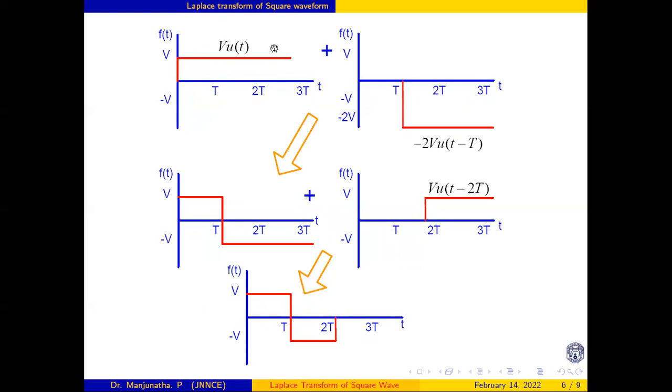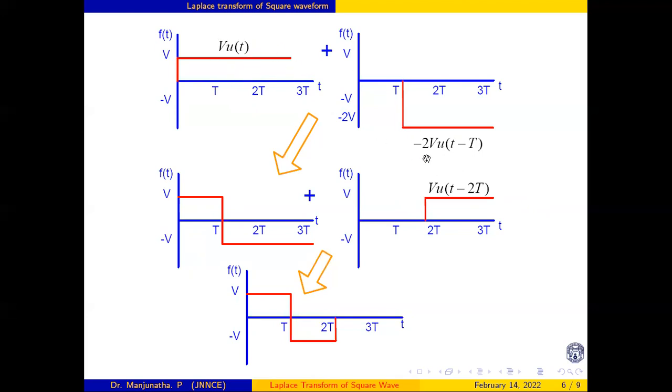So the first function I used is v into u of t, and the second function I used is minus 2v u of t minus t. The resultant of this is this one. And the third unit step function is v into u of t minus 2t. So I used 3 unit step functions.